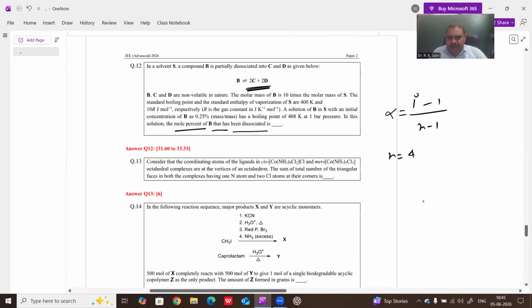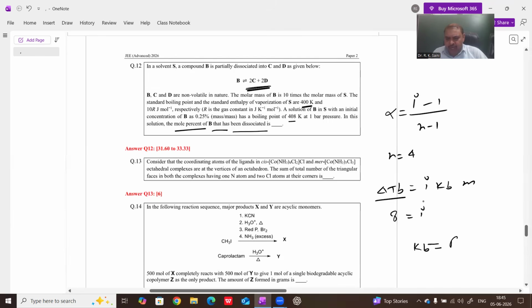Therefore, we find i. We know that delta Tb equals i Kb into m. Delta Tb is given 8. The initial boiling point of solvent is 400 Kelvin, and the boiling point of solution is 408. Therefore, the elevation in boiling point is 8. i and Kb. Kb is calculated with the help of the following equation.